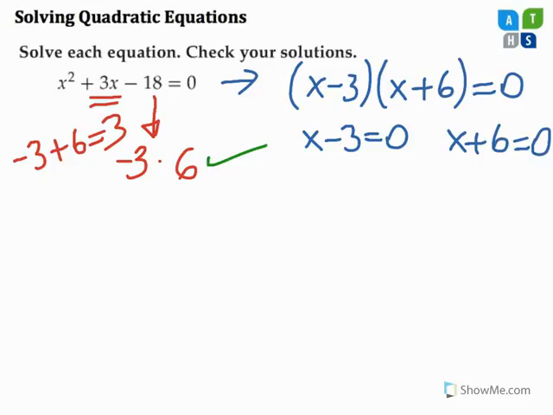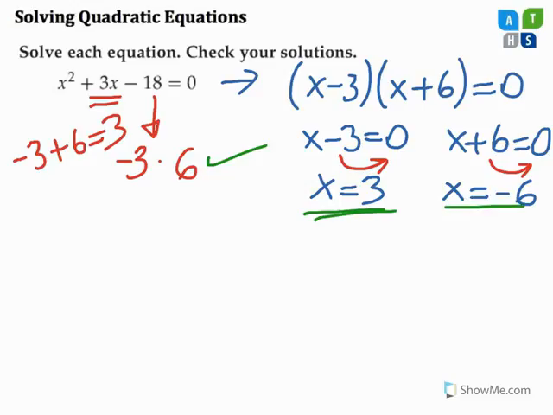Now I have to solve these two equations to find the value of x. In this one, if I take minus 3 to the other side, I will have x to be 3, because when I change the side, I change the sign. And on the other one, if I change 6 to the other side, I will get x equals minus 6. So these are my solutions.